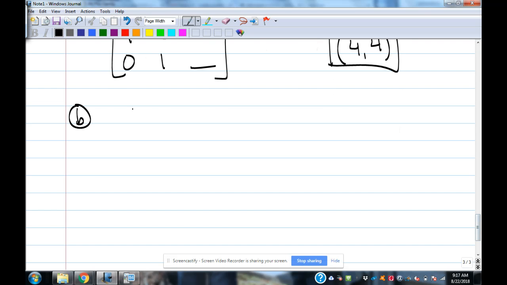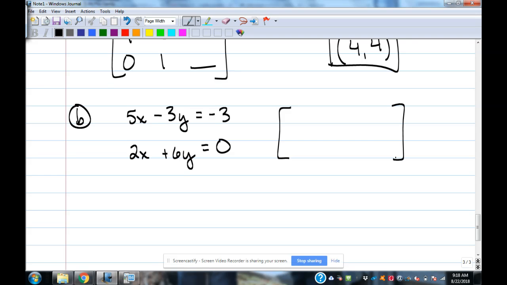Let's say we had this system, 5x minus 3. Got time for one more today, and we'll finish this up tomorrow. This one would be really easy to do with elimination, but I'm going to do it with the augmented matrix. What would our matrix be for this one? 5, -3, -3, 2, 6, 0.